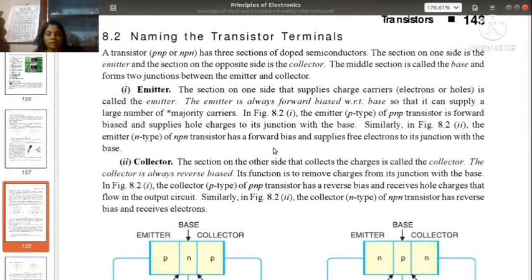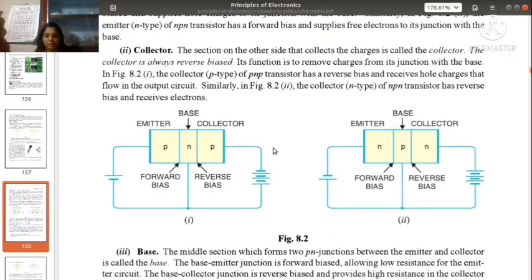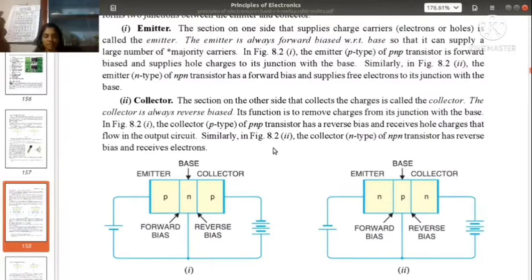Okay, so the emitter region is the heavily doped region. It supplies charges, either electrons or holes. If it is N type, electrons, and if it is P type, the charge carriers will be holes.